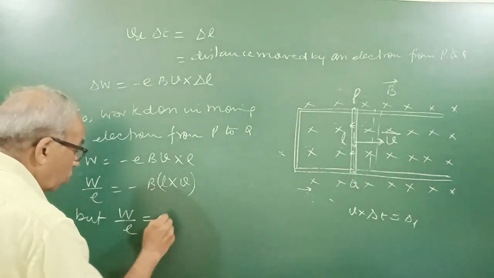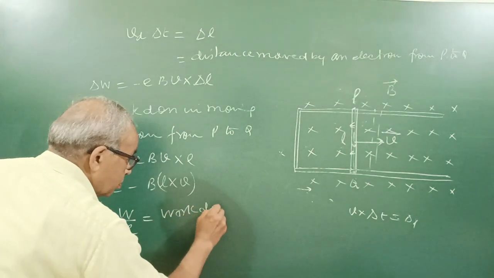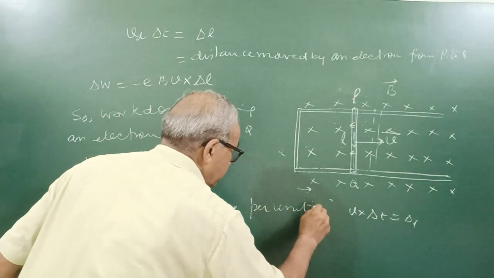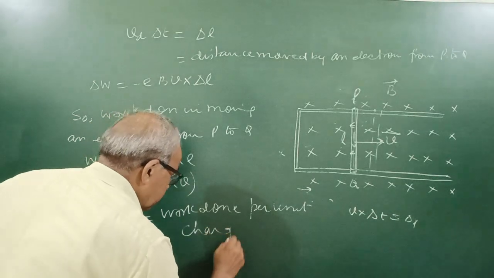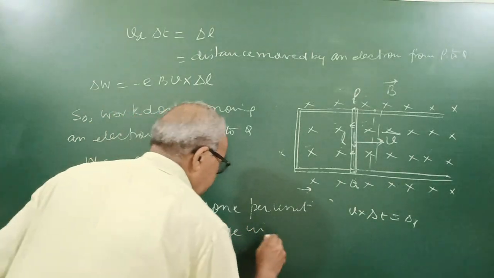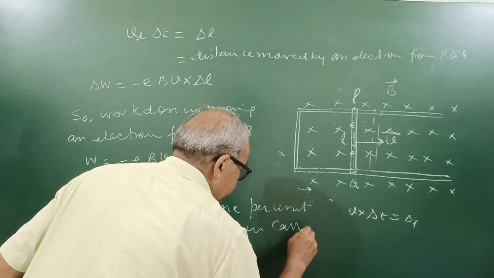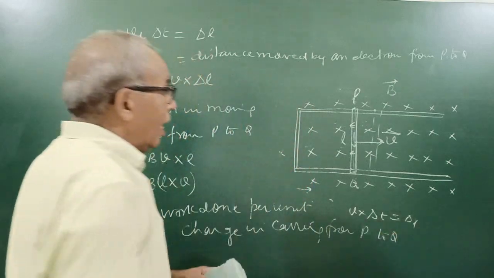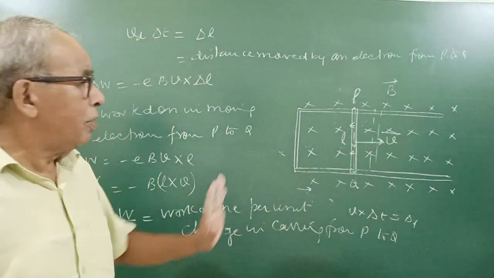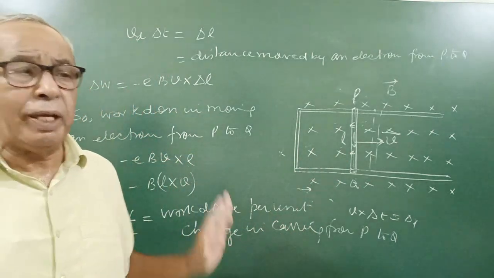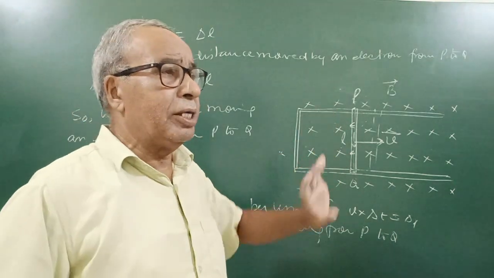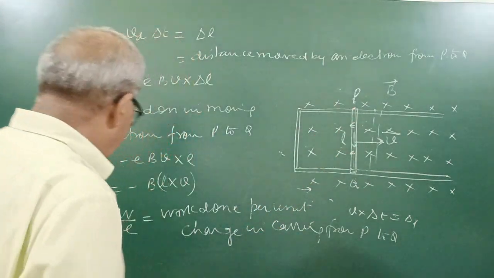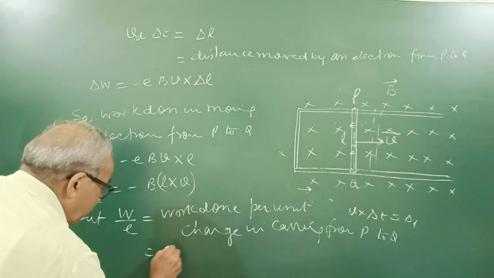W upon E equal to work done per unit charge in carrying it from P to Q. Actually this rod PQ has now become the source of EMF, like a battery has EMF, and then current flows in the circuit, okay brother, which is equal to EMF E.